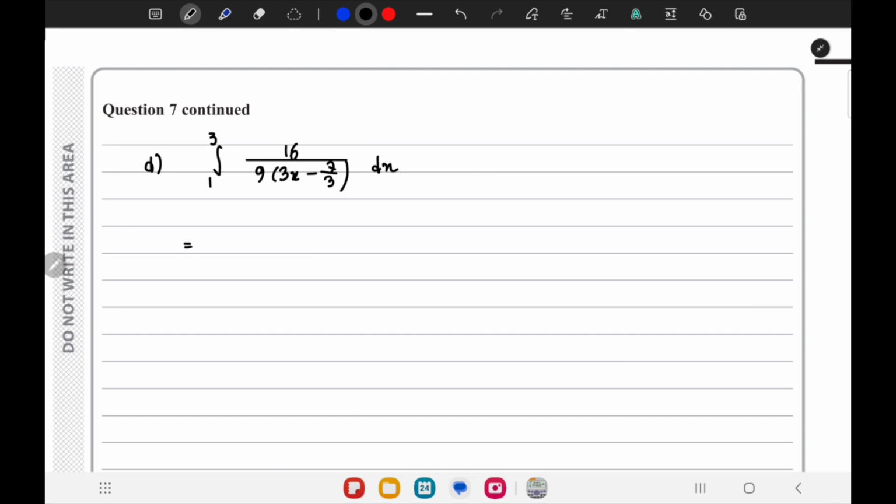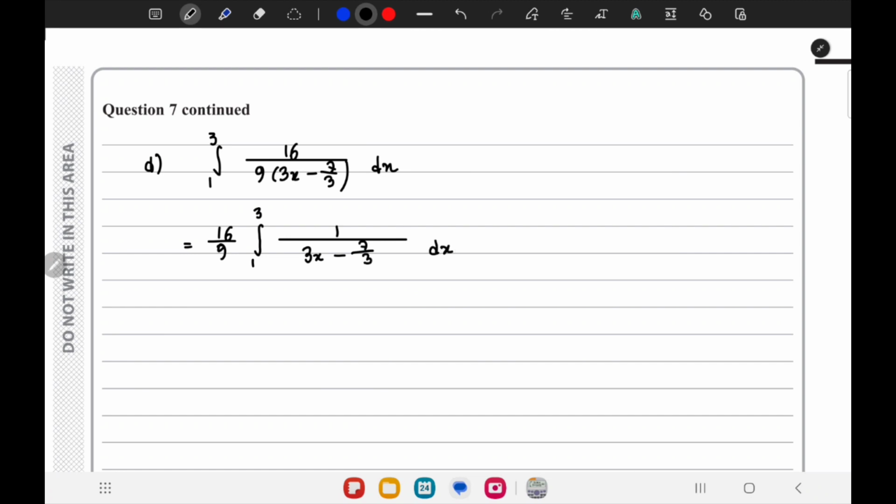For the integration, we can take 16 by 9 outside at first. So 1 to 3 of 1 over 3x minus 7 by 3 dx.